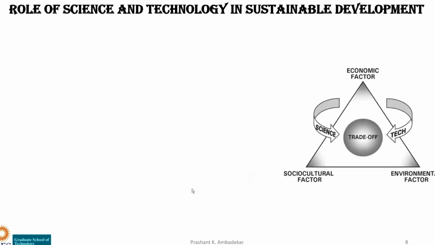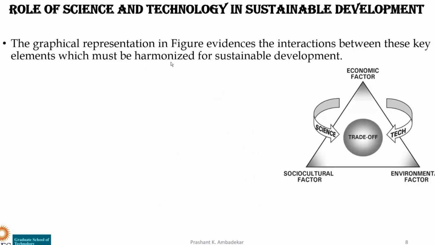Now, this graphical representation here shows there is a trade-off, and the graphical representation in the figure evidences that the interaction between these key elements, which must be harmonized for sustainable development, there has to be some interaction between these three elements.